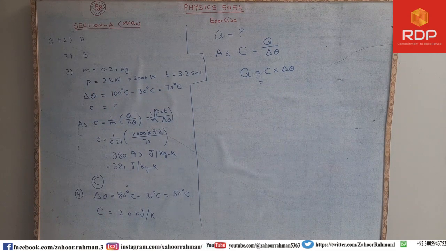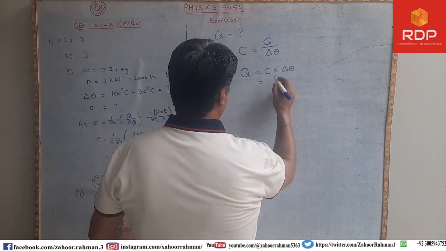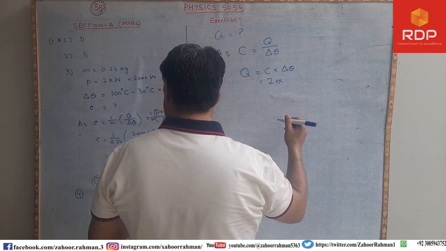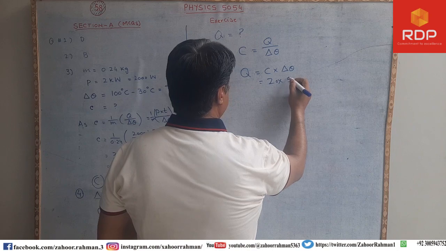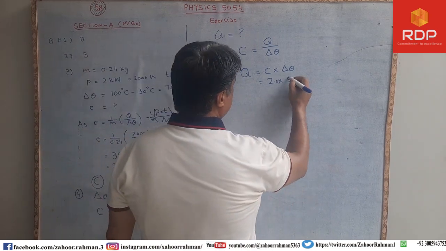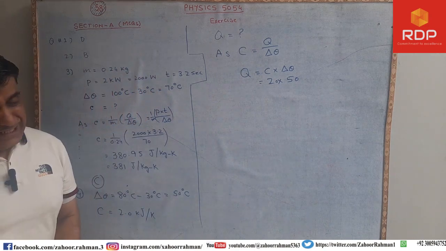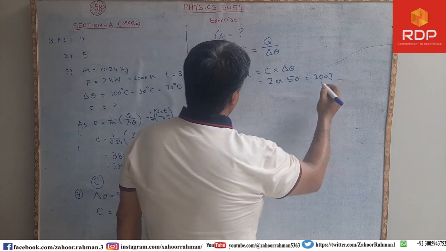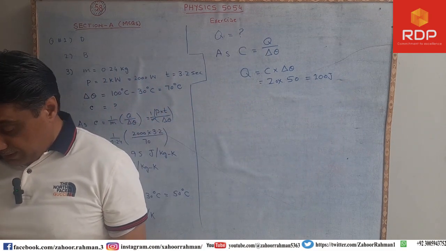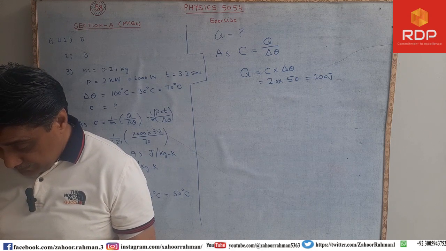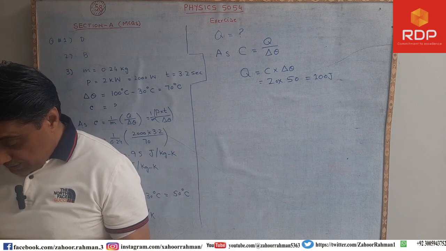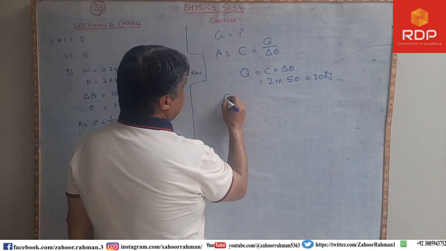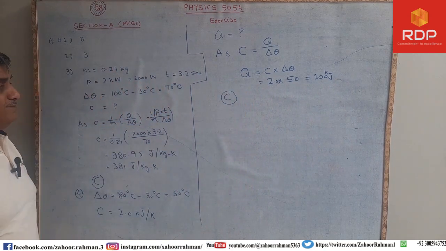Both are given to us: C is 2.0 and delta theta is given as 50. So it means that this is 100 kilojoule. In question 4, 100 kilojoule is option C, and C is the correct option.